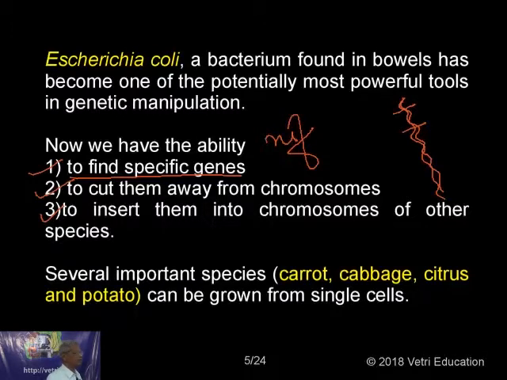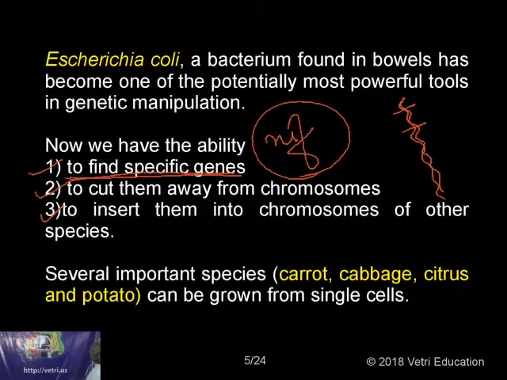They are able to fix the nitrogen in the soil. Now there are hundreds of crops which are not able to fix nitrogen. So if this NIF gene could be removed and inserted in a non-leguminous plant, it becomes very beneficial to it. So the first step is to find a specific gene.